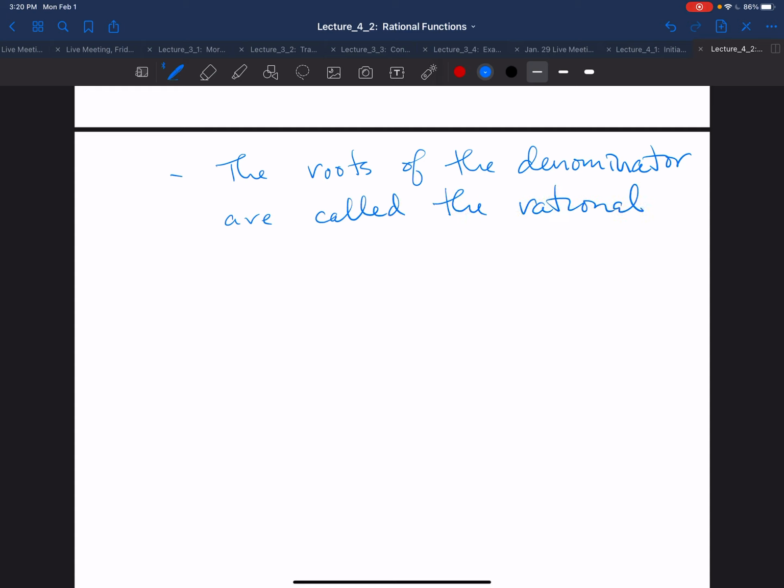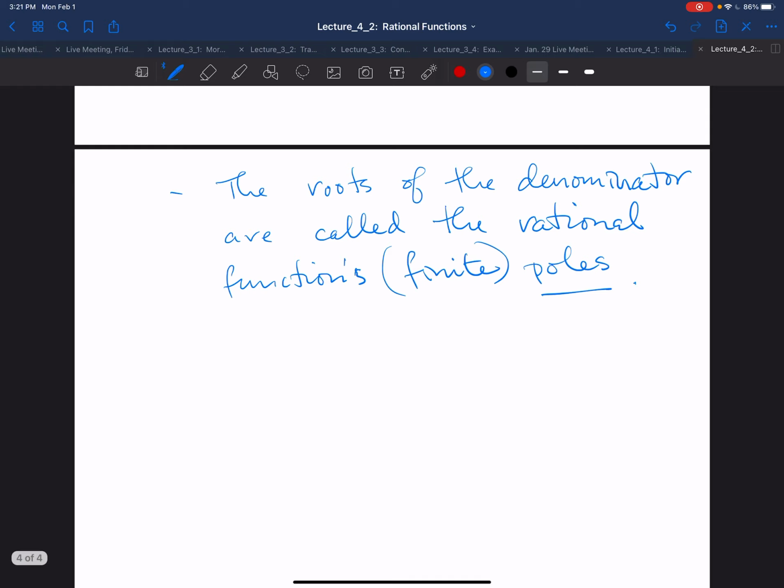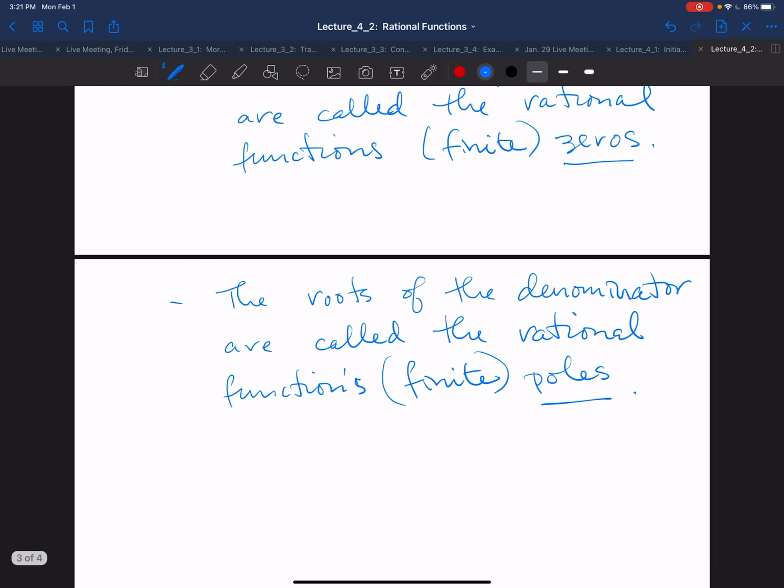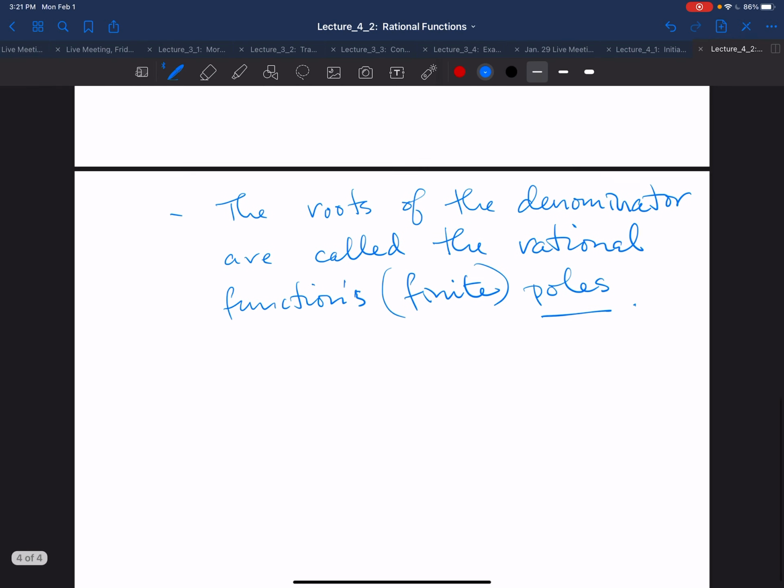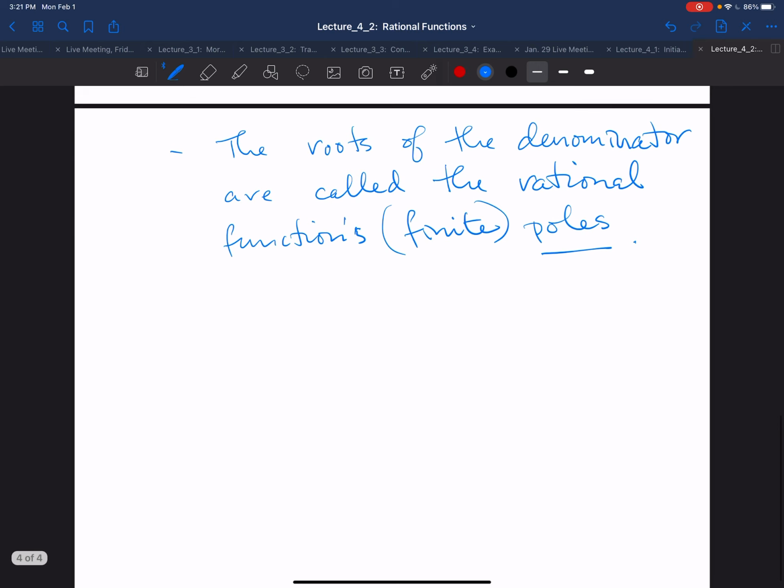And to be perfectly accurate, you really have to call them the finite poles. So that's the definition of what we call the zeros and poles.